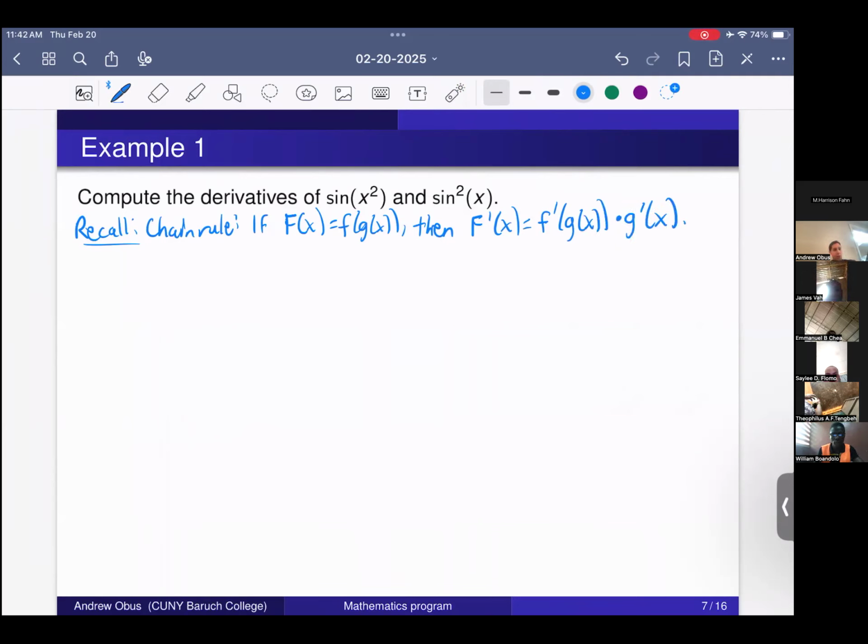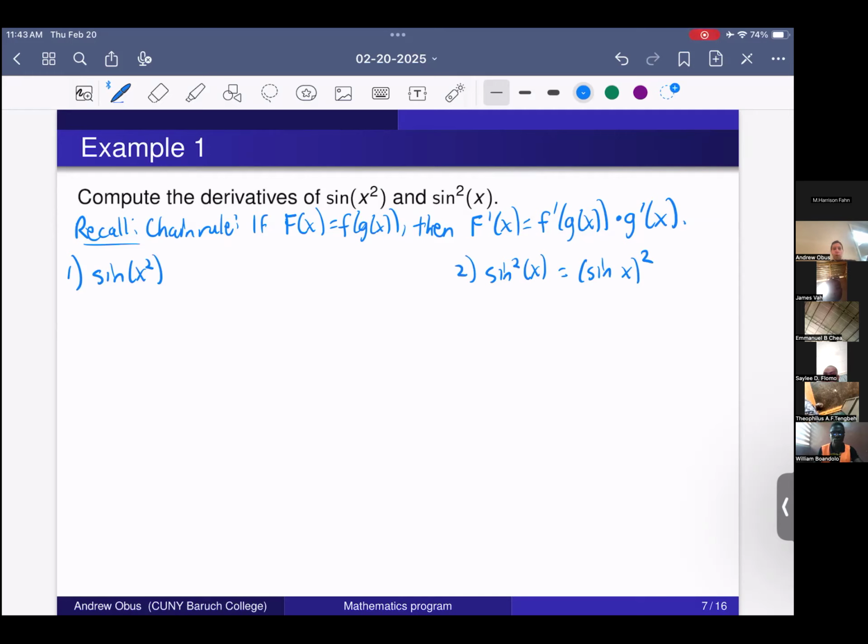Okay, this is the chain rule. Okay, so we're going to have two problems here. We've got sine of x squared, and here for number 2, we have sine squared of x. And maybe it's easier for us, let's actually write that as sine of x, quantity squared. It's going to be better for this problem.